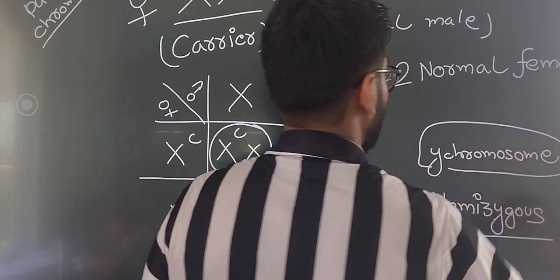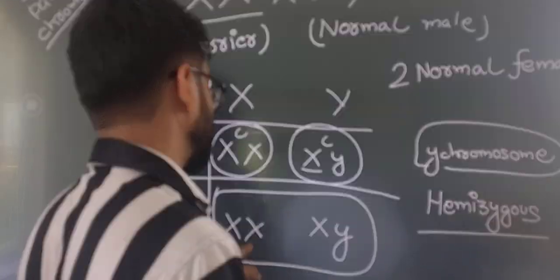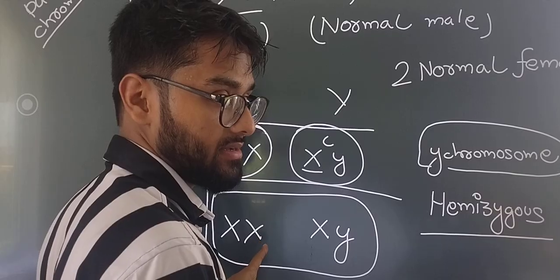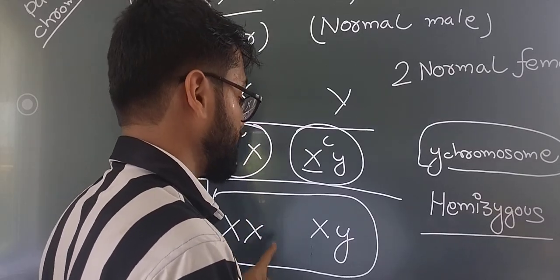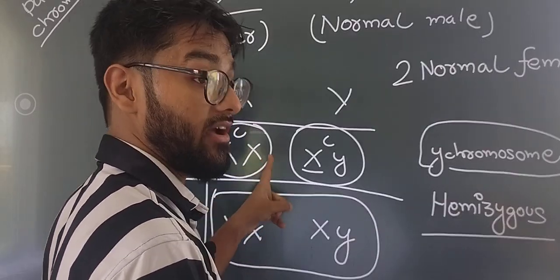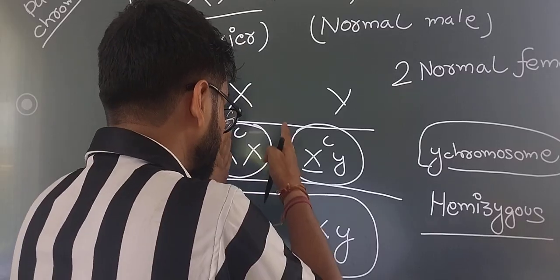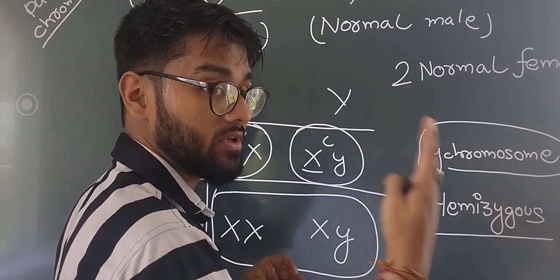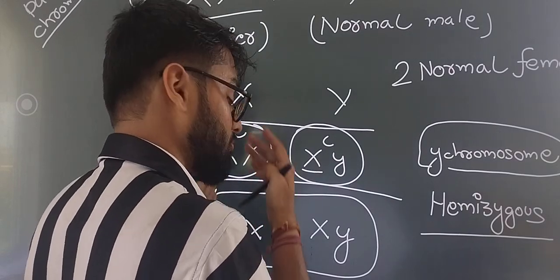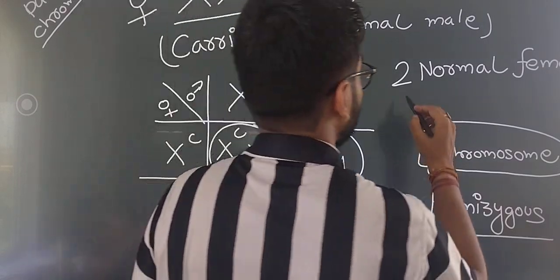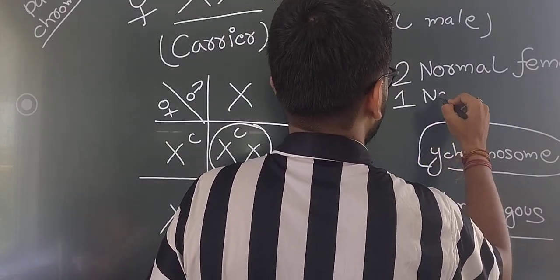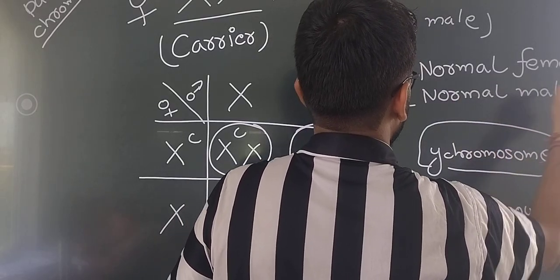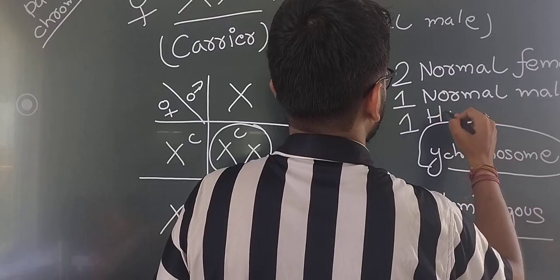Do remember why I am writing normal females: because they will not show hemophilia. Only one of them is a carrier, but we can tell it by looking at the genotype, not by looking at the phenotype or morphologically seeing. You get one normal male and a hemophiliac male.